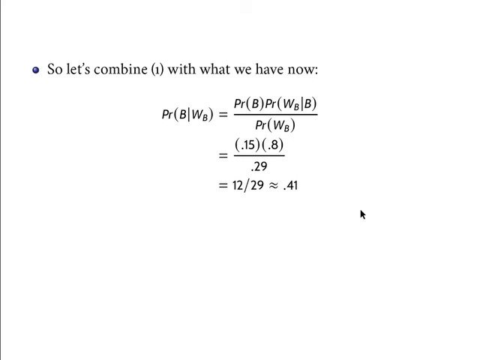So given our understanding of how many blue versus green cabs there are in this city, and given the evidence of this witness, which we said was 80% reliable, saying it was blue, the probability that the cab which committed the crime was in fact a blue one is just about 41%.